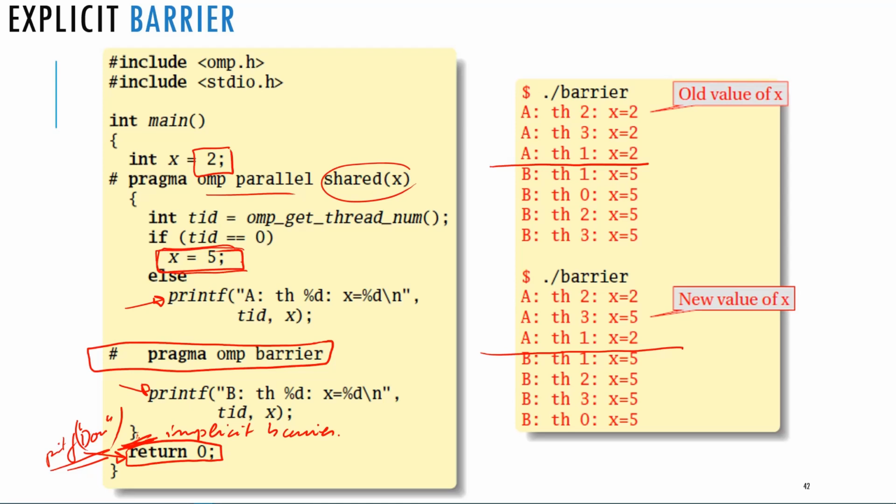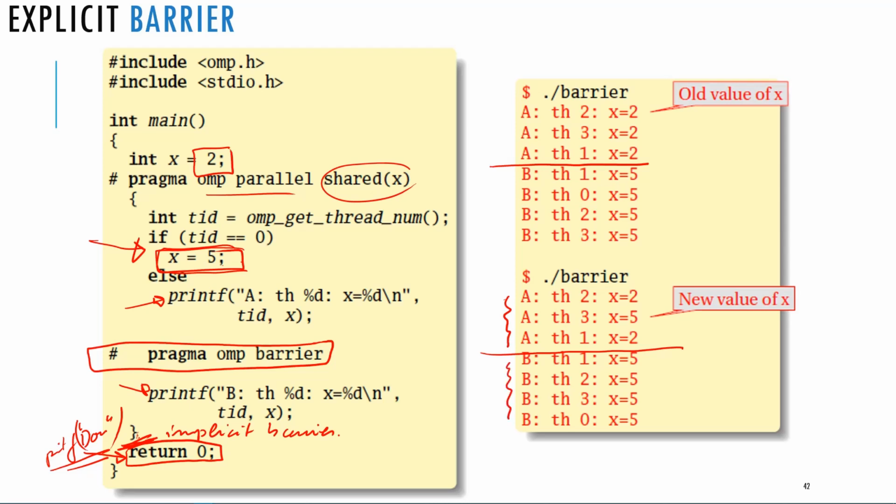Sometimes thread number 0 would execute this line and change the value of x to 5, so that all the other threads would see it from that moment as being equal to 5, even if they didn't reach this section yet.